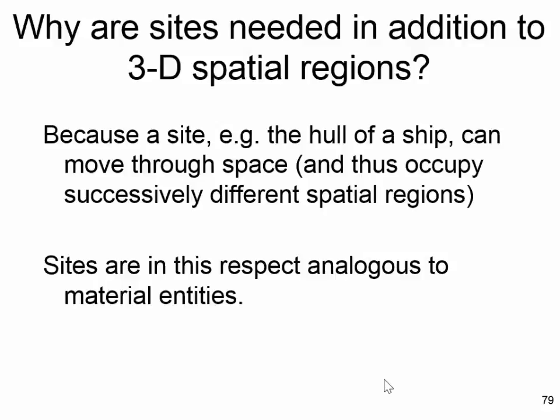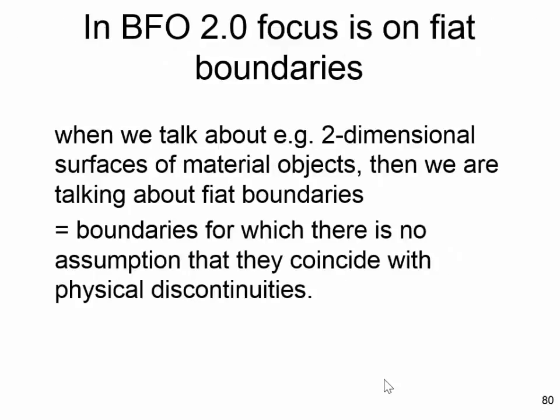And we need terms for sites because we need to talk about the environments of organisms, for instance, or we need to talk about binding sites in proteins. And we need terms for spatial regions because we need to talk about geographic locations. We need terms for temporal regions because we need to talk about calendar dates and so forth. When we talk about surfaces, we're talking about Fiat boundaries, and we don't need to make the assumption that they coincide with any physical discontinuities.